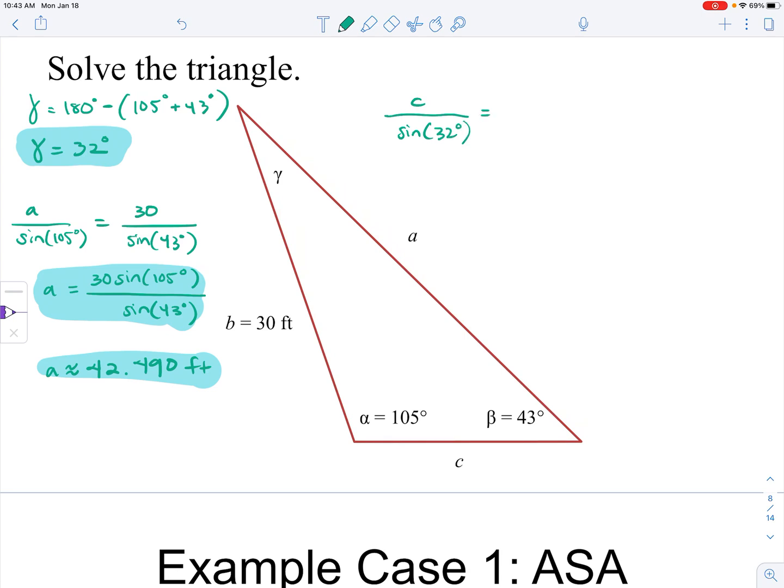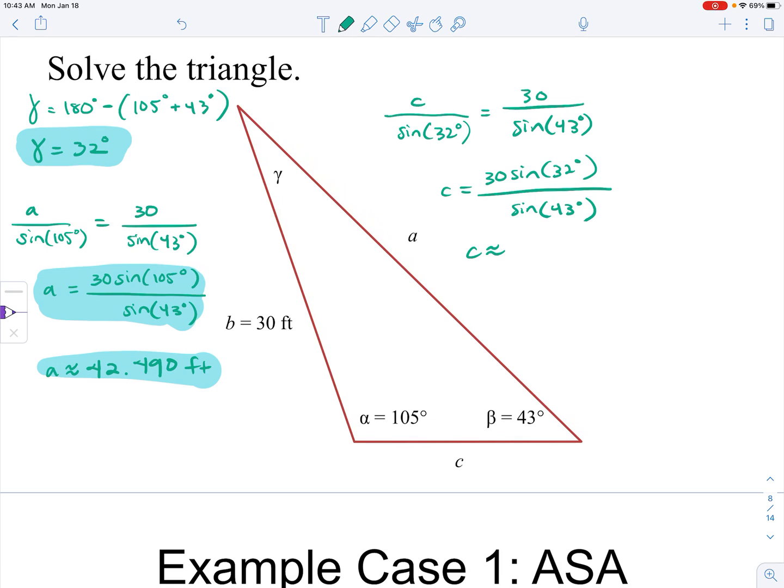So we're solving for C. So C over sine of 32 degrees equals 30 over sine of 43 degrees. So C equals 30 times sine of 32 degrees over sine of 43 degrees. So that's the exact value. Type that entire ratio into your calculator.